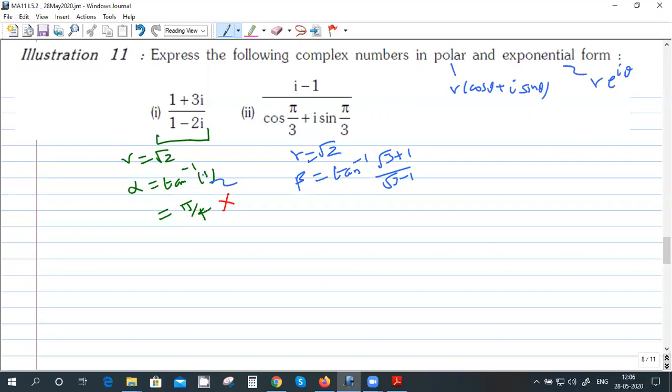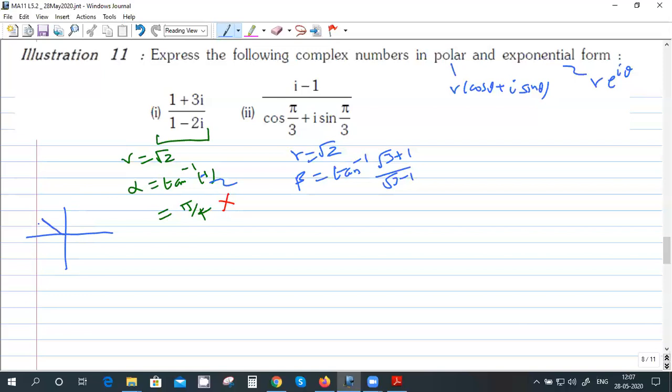So what is the angle then? Sir, pi by 4 only. No. Pi by 4, tan pi by 4 is plus 1, no? You have to get minus 1. Yeah, sorry. Tan inverse minus 1. You have to draw the figure.